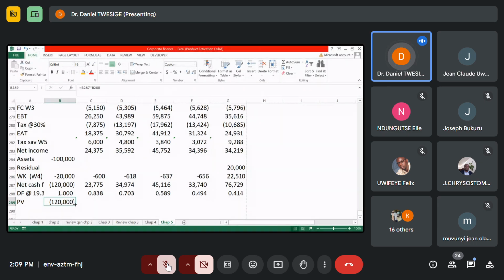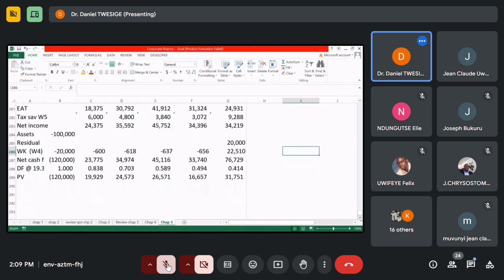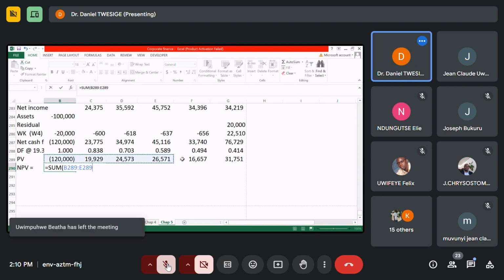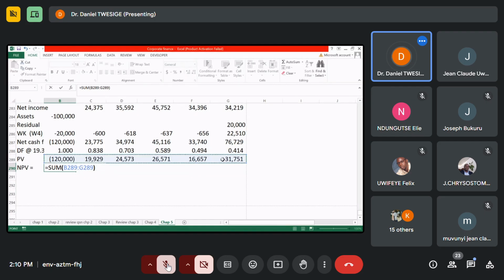So if I scroll, my NPV will be equal to, I'm going to sum the total. So minus, so we are rejecting.